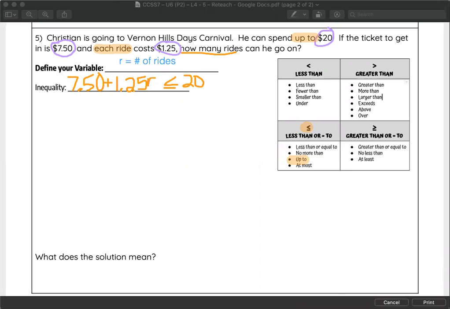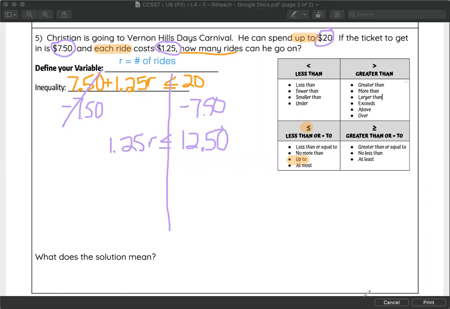Now let's solve this inequality. We're going to get rid of the 7.50 by subtracting 7.50 from each side. On the left side, it canceled. So we get 1.25R is less than or equal to 12.50.